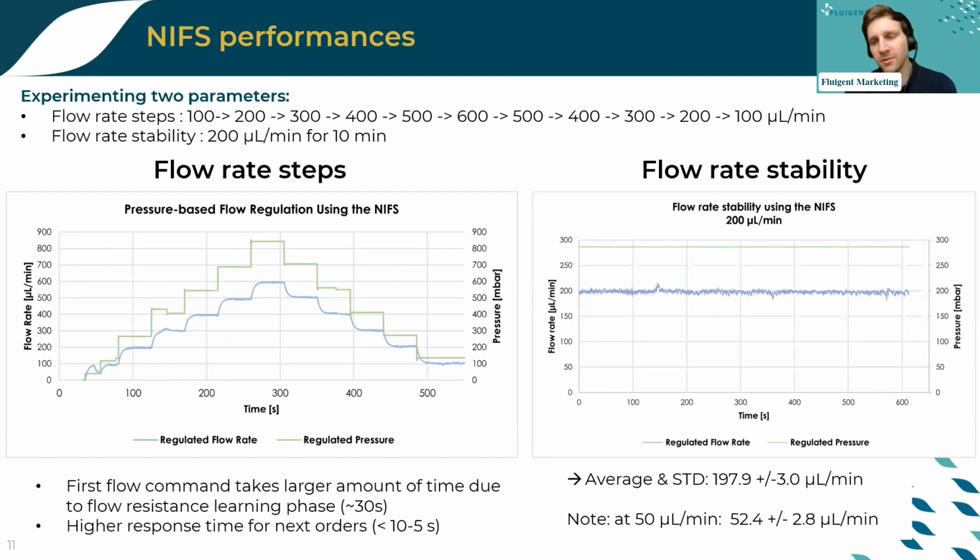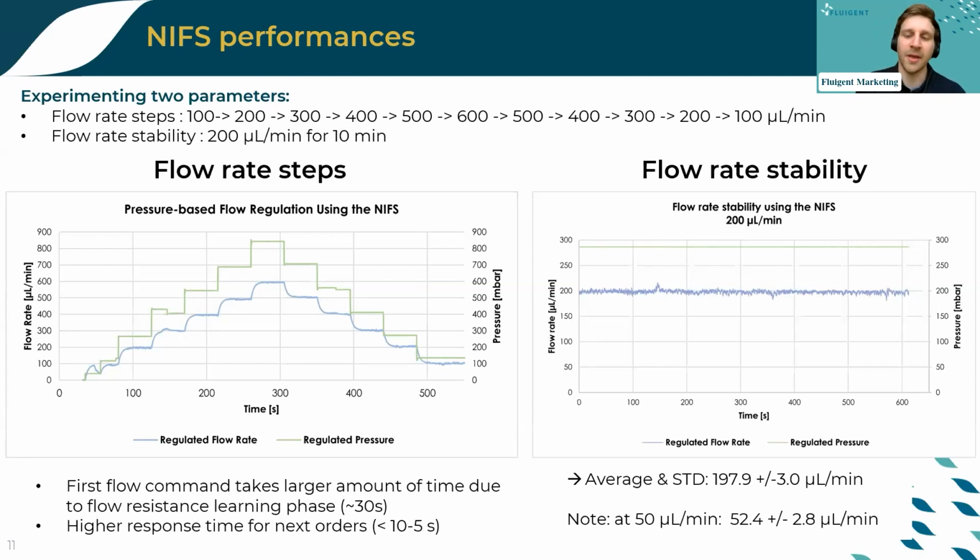I also mentioned that the flow rate ranges from 100 microliters to 10 milliliters per minute. It is still possible for you to use it below 100 microliters per minute, but we do not ensure the same specifications. We do not ensure the 5% accuracy, for instance.